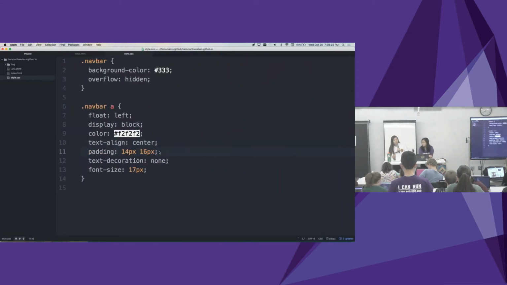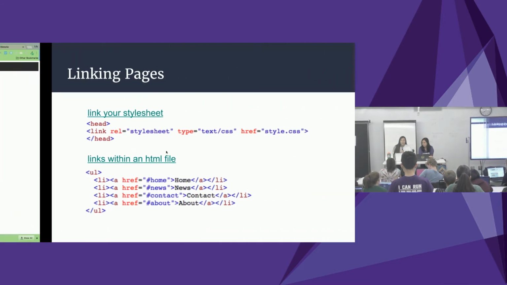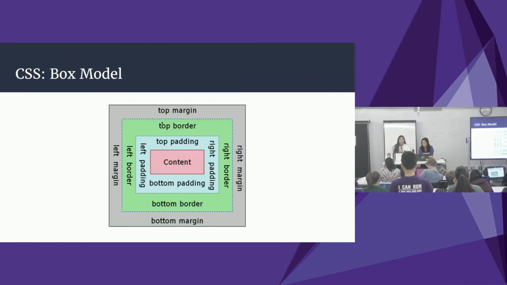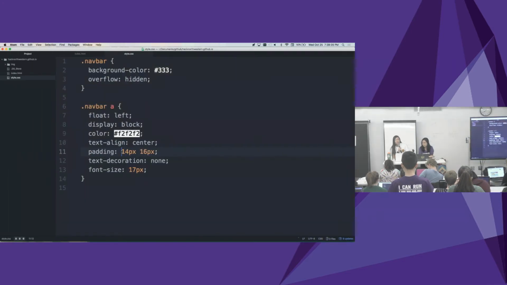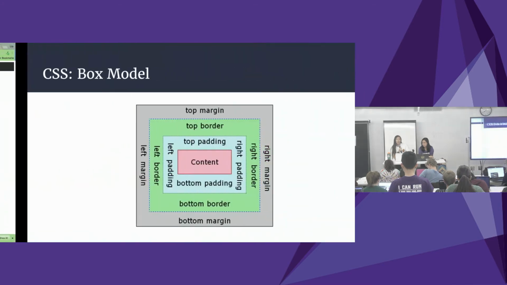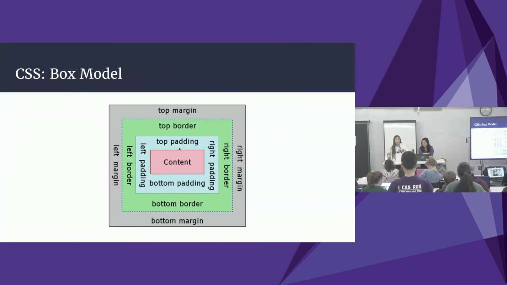And then padding is what I was showing earlier with the CSS box model. So the padding that I did was this. I have 14px for pixels and 16px. So what that's doing is 14px is giving me 14 pixels of padding on top of the content and 14 pixels of padding on the bottom of the content.